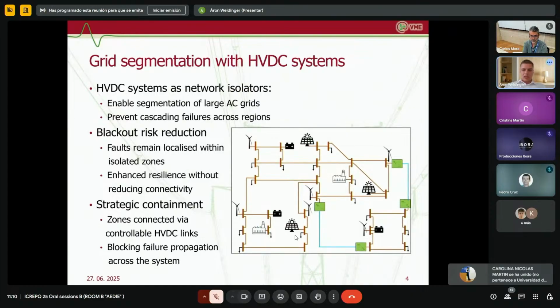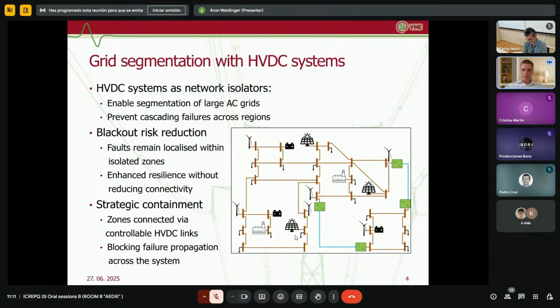Another strategic advantage of HVDC lines is their use as network isolators. By strategically placing HVDC links, large power systems can be divided into several subsystems. This approach reduces the risk of cascading failures and widespread blackouts, as disturbances can be contained within one segment without spreading across the entire grid.